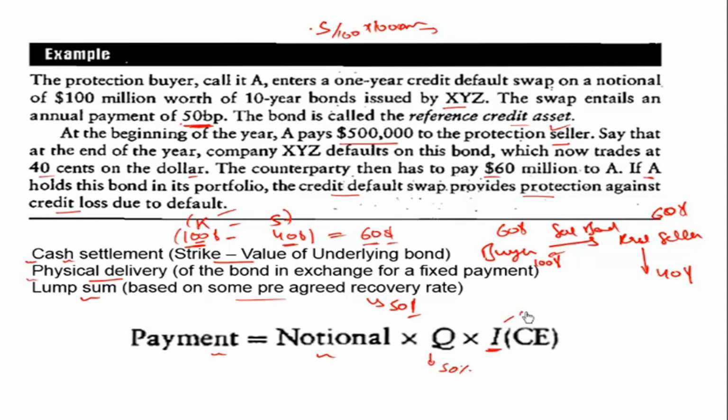So if I is equal to 0, that means no default. If I is equal to 1, that means the bond is in default. So payment is just one lump sum number, not depending on the price fall or the final value of the bond.